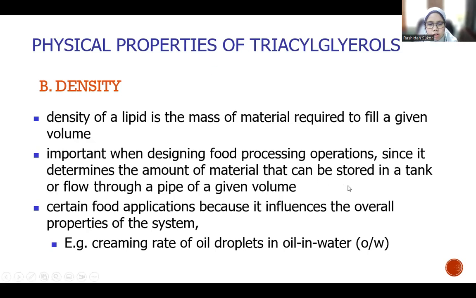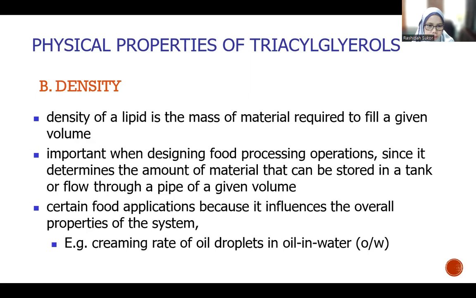So it determines the amount of material that can be stored in the tank or flow through a pipe at a given volume. This is very important for you to understand as an engineer. You have to take all this into account when you design a food processing operation, when you design an instrument for food manufacturing.